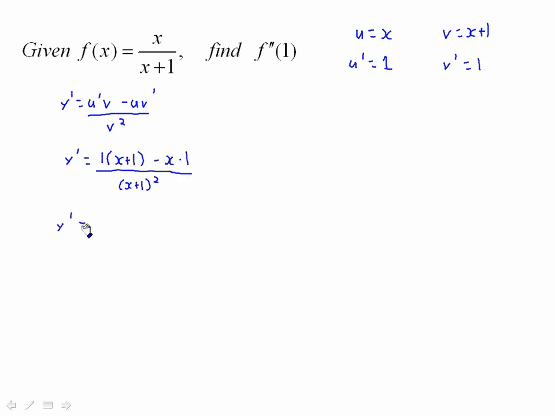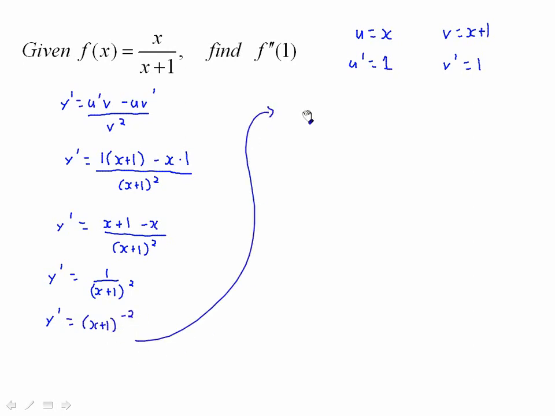Cleaning this one up, y prime is equal to x plus 1 minus x over x plus 1 squared. So y prime is equal to 1 over x plus 1 to the 2. So y prime could also be written as x plus 1 to the negative 2.